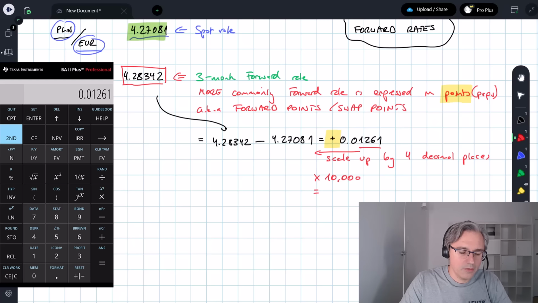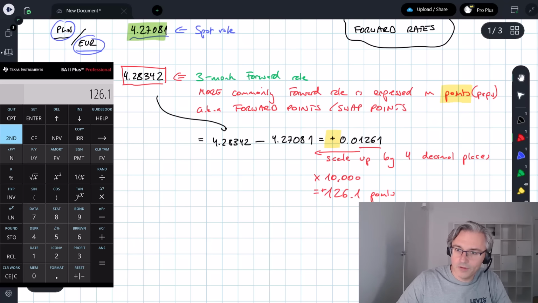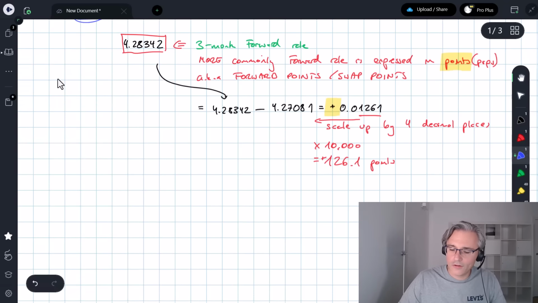I've got the number on my calculator. If I multiply by 10,000, oops, I did it too much, sorry, 0.01261 times 10,000. I had 1 additional 0 too many. Okay, you get 126.1 points, positive points. Let's not lose track of that.